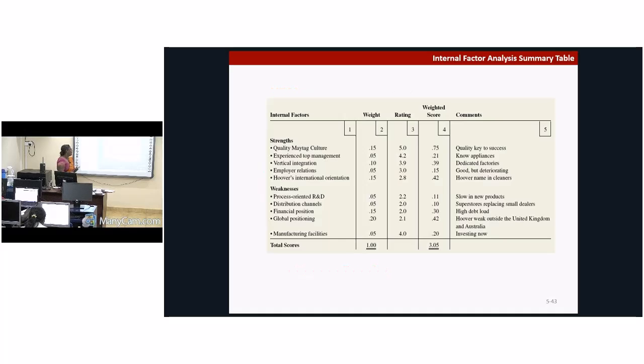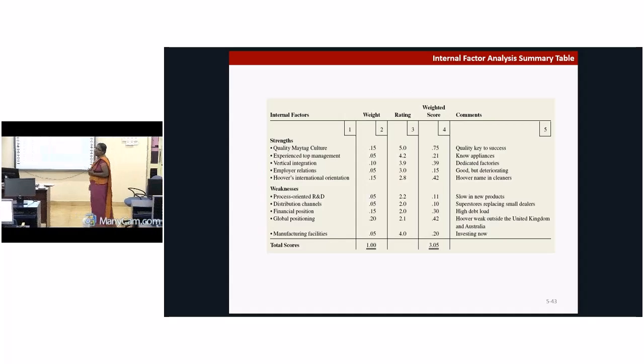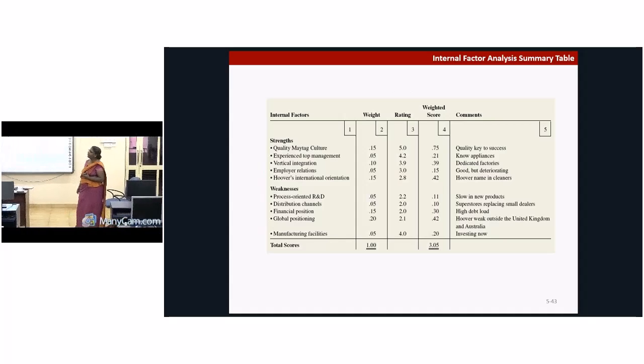Finally, you do internal analysis as you do external analysis. If you remember the final PowerPoint from last week, it quantifies the weaknesses and strengths, as in the previous lesson we quantified the opportunities and threats.